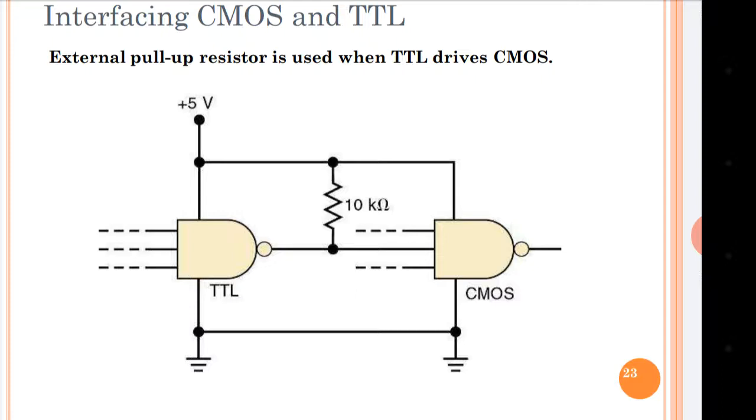And if we try to find out the minimum value of this pull-up resistor, it can be calculated as R minimum equals 5 volt divided by IOL. IOL is 16 milliampere.